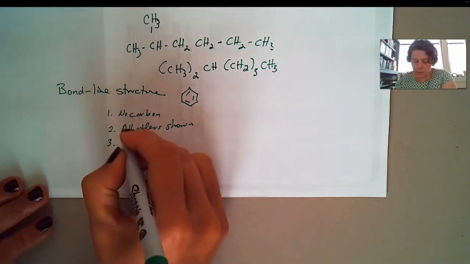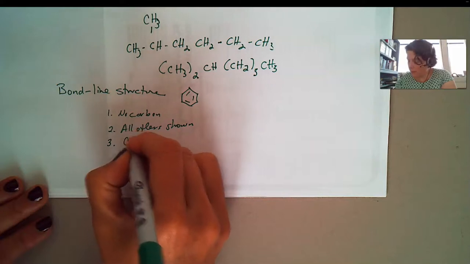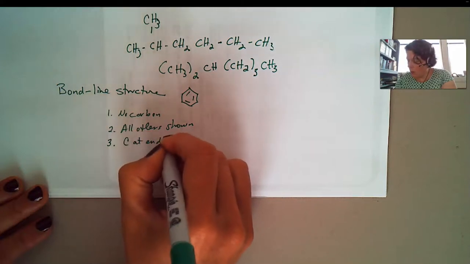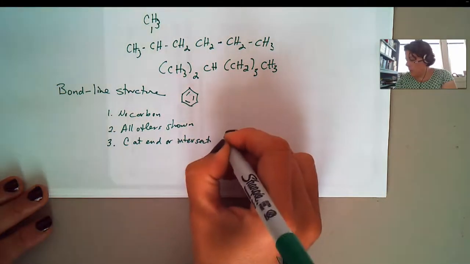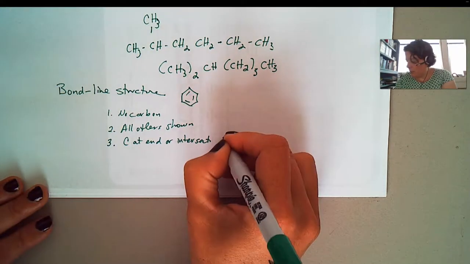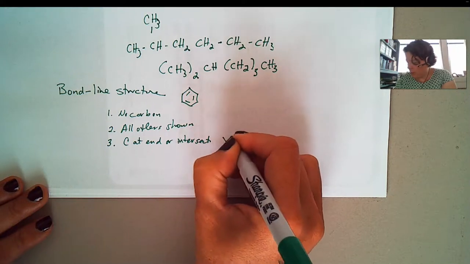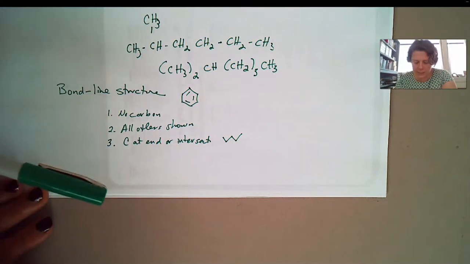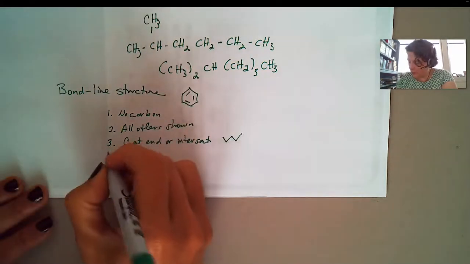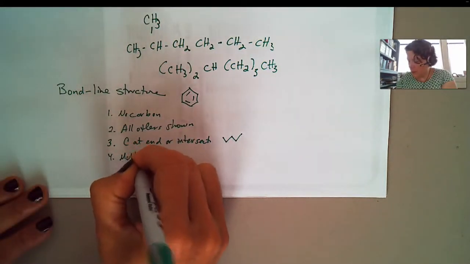So, carbon at the end or intersection. This would be like when I was doing this, it's assumed: 1, 2, 3, 4, 5. Multiple bonds are shown with multiple lines, so multiple lines, multiple bonds.